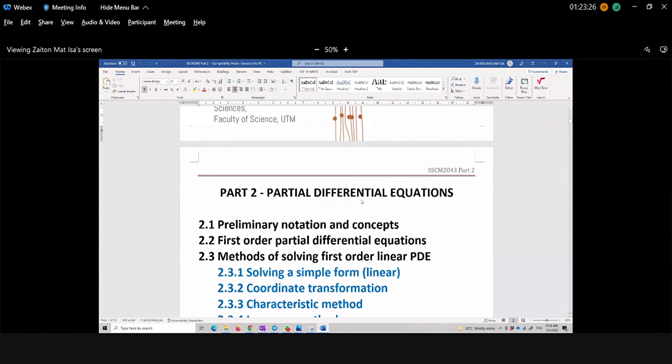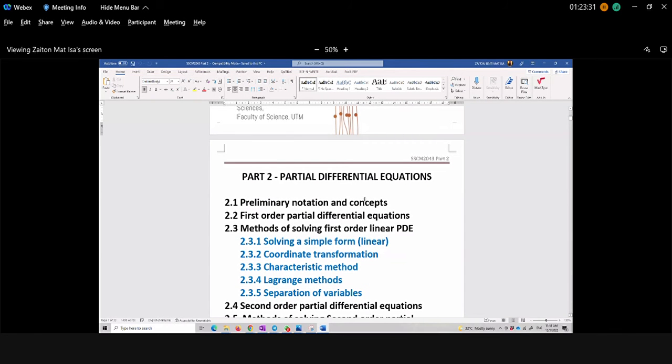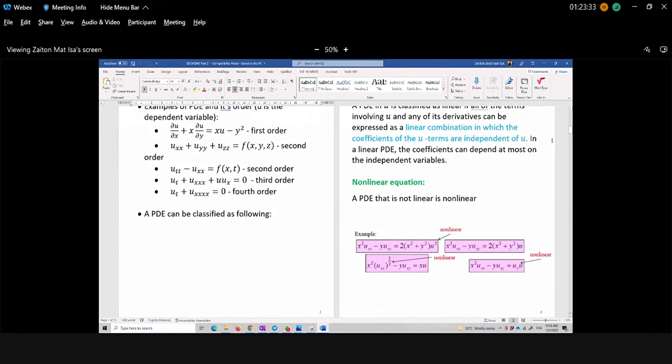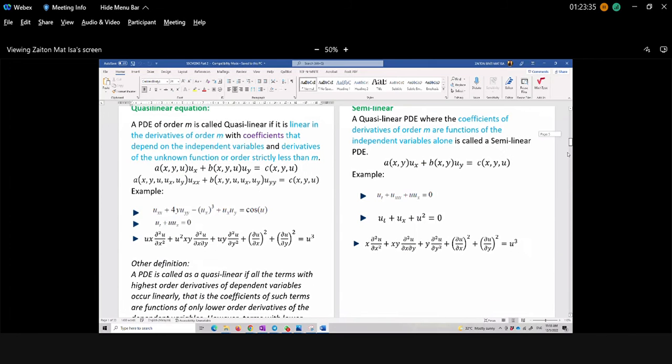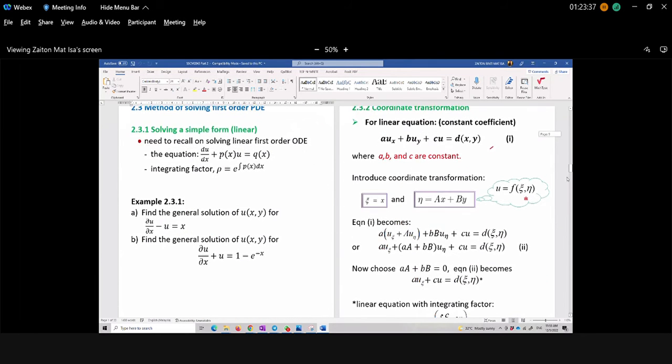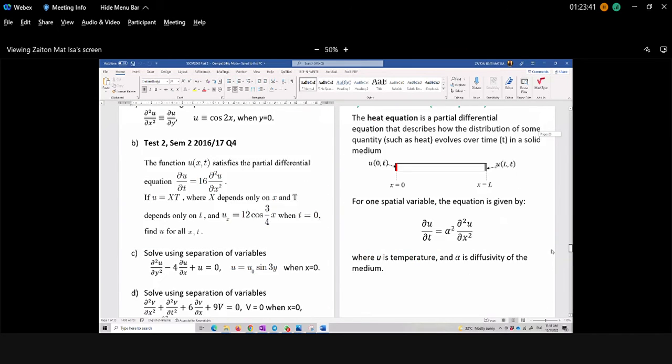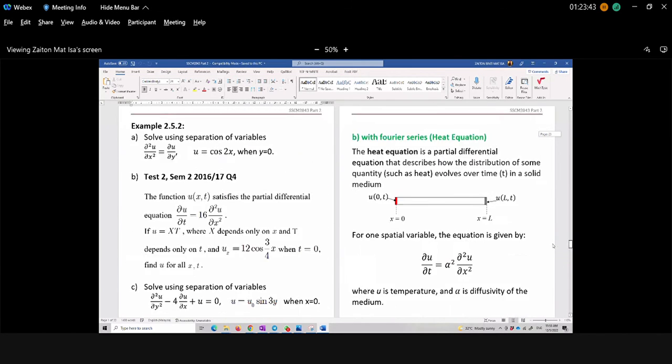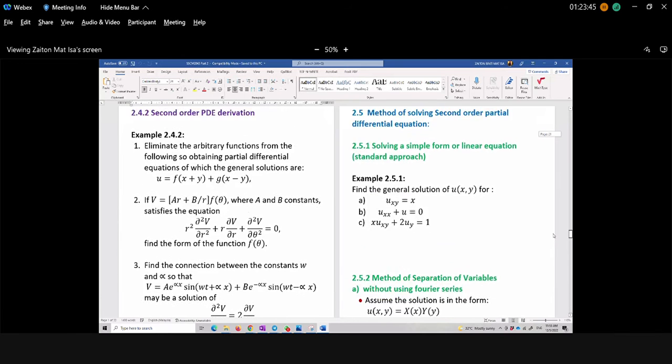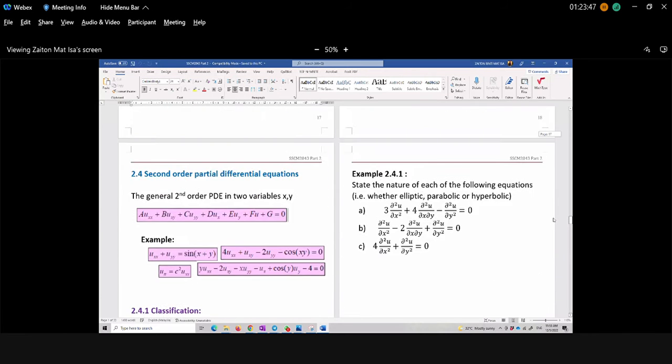Okay, desktop ni dia berusia dah sikit. Dah berumur dah. Tahu dah desktop ni ya. Separation of variable. Oh, come. Dia bagi dalam bentuk ni.